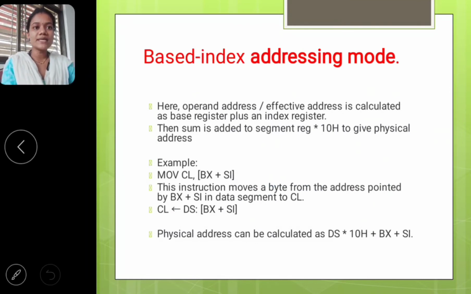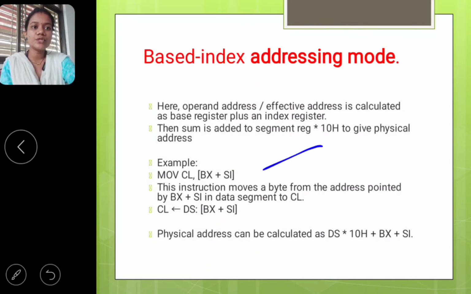Now the third one is base index addressing mode. In base index addressing mode, the operand address or effective address is calculated as a base register plus an index register. Then the sum is added to the segment register times 10H to give the physical address. Suppose this is the example: MOV CL, [BX+SI].